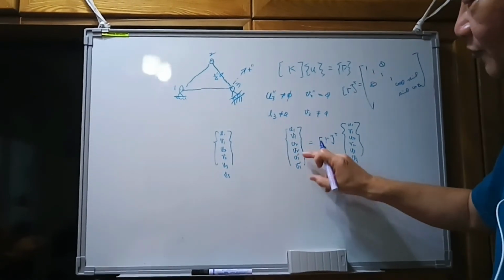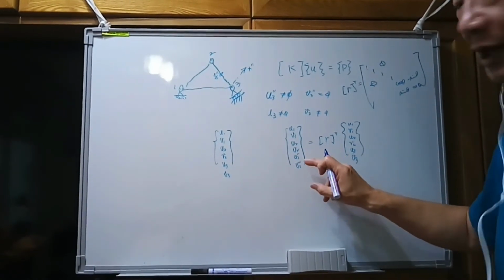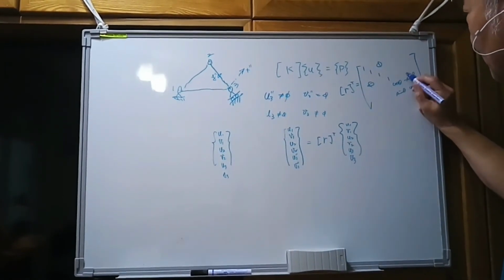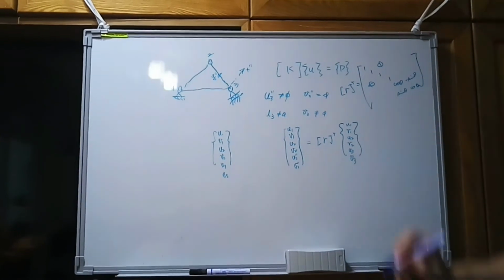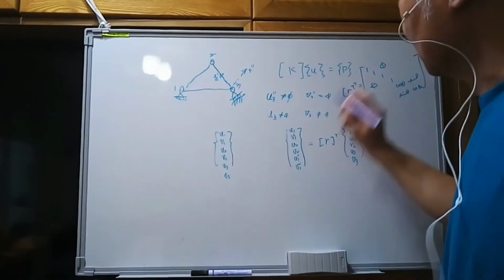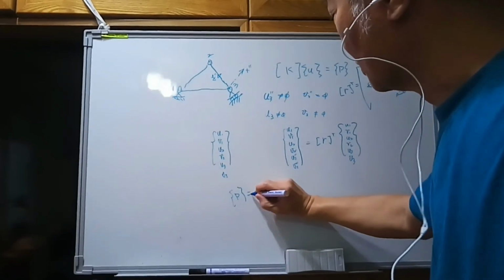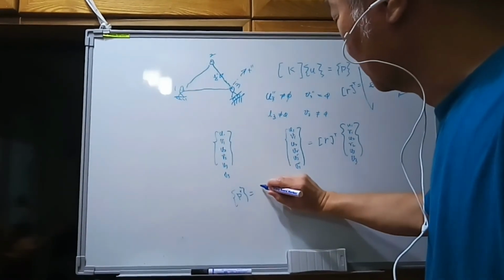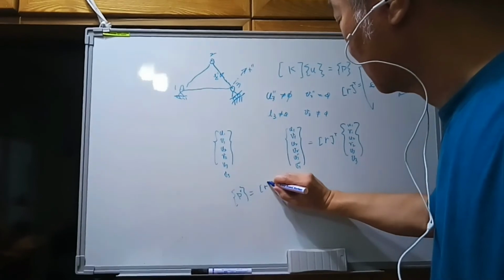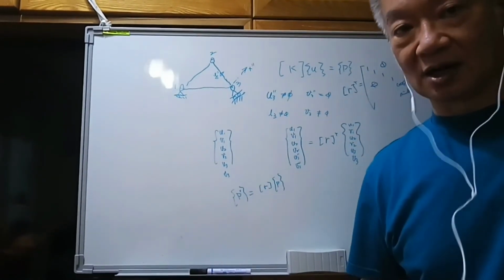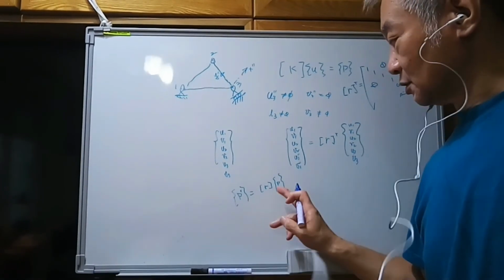Later, we'd like to transform them to the U3 double prime, V3 double prime. So that's the R transpose. Remember, the negative sign will be on this one. And the P vector, or the P double prime vector, is equal to R times P.